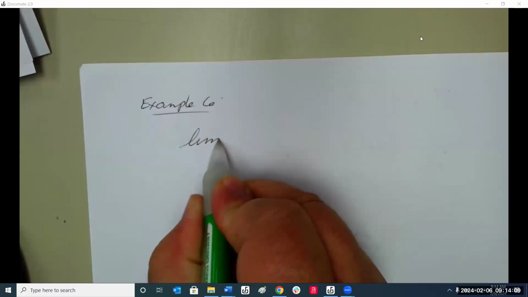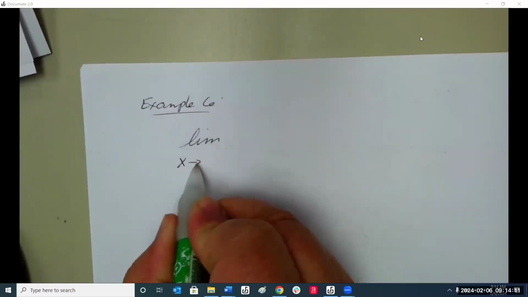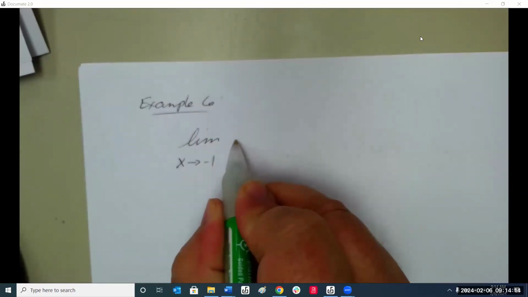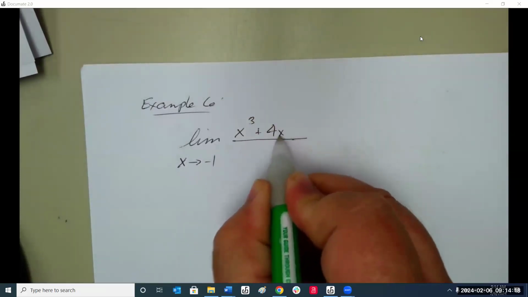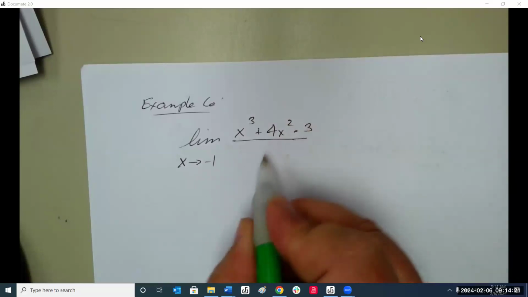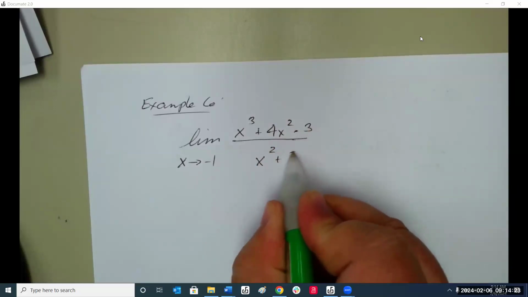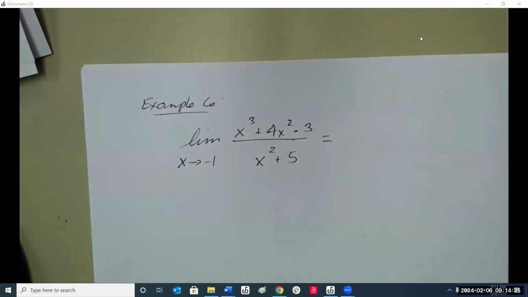We have the limit as x approaches -1 of the quotient x cubed plus 4x squared minus 3 over x squared plus 5. If I gave you that function, what would you do first? Just plug it in, right? So plug it in there and see what you get.